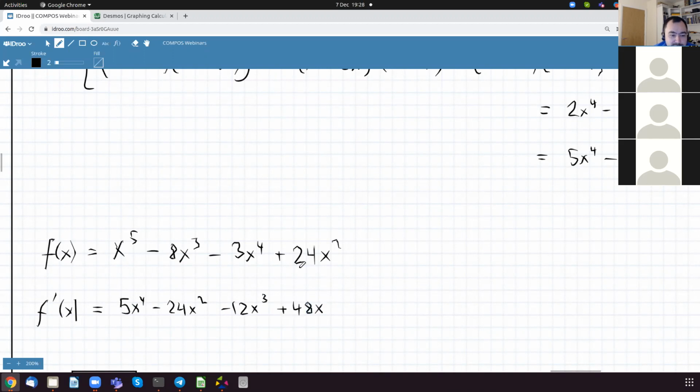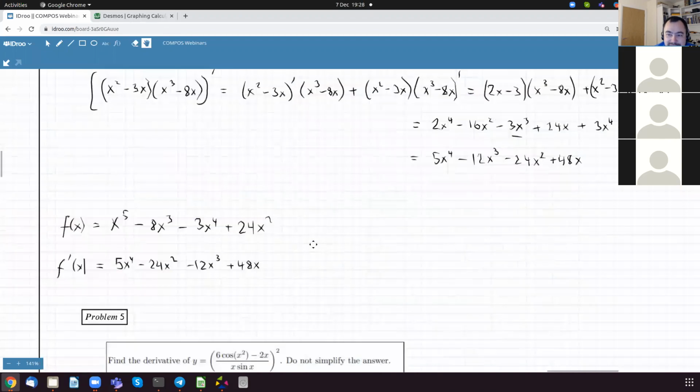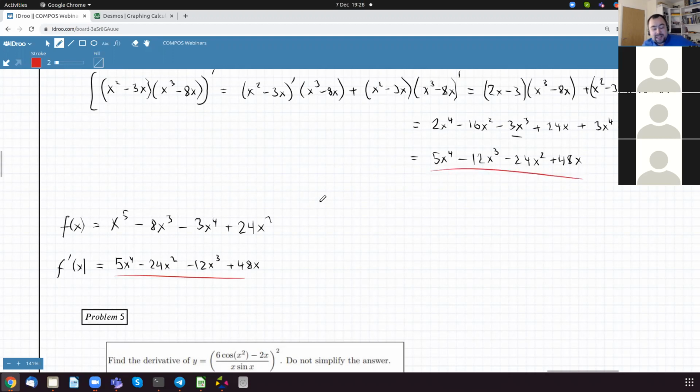This is the moment of truth, whether I've messed it up or not. And I haven't. It's the same expression here and here. So we obtained the same result by using the product rule and by just expanding the brackets and doing it normally, which is great.